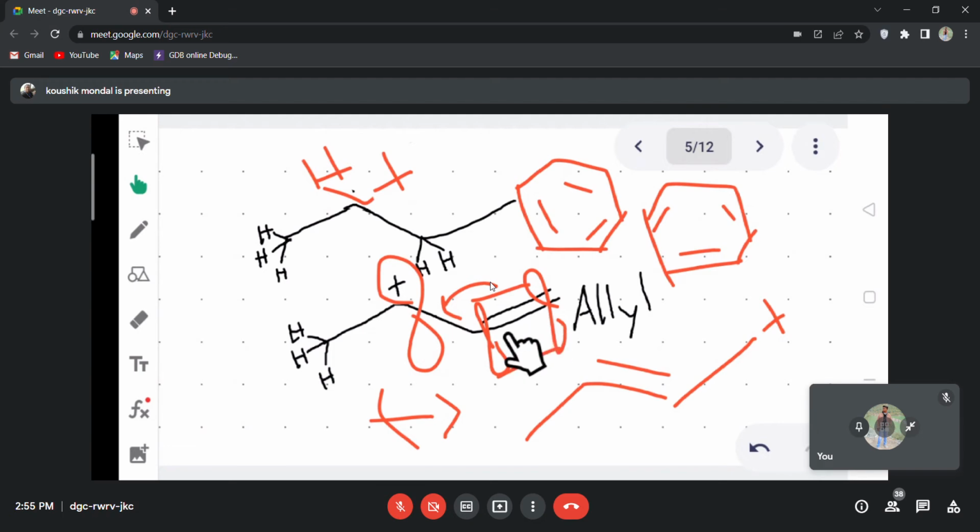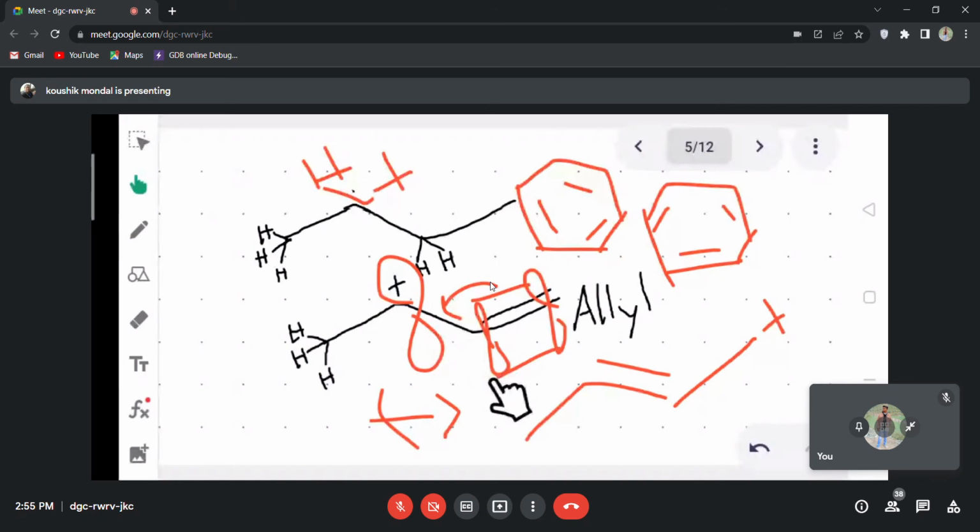For this carbon, there is a pi bond, and this pi bond can delocalize to this p orbital to form this type of bond, this pi bond, and this positive charge will come there. So these are two canonical forms formed by this resonance.